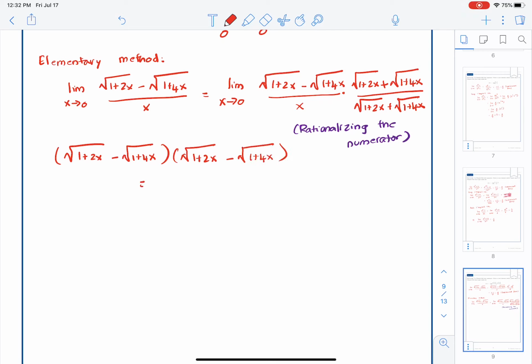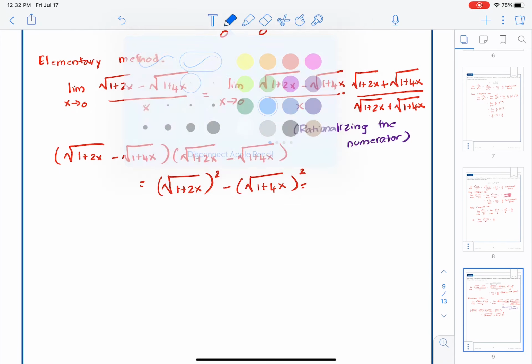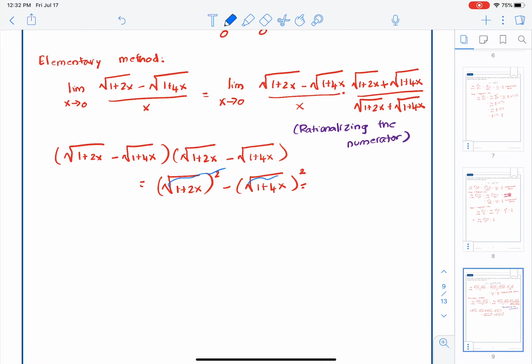you will simply end up getting square root of 1 plus 2x squared minus square root of 1 plus 4x squared. I would let you FOIL it to verify this would hold true. So the root and the square will get cancelled. Same here.